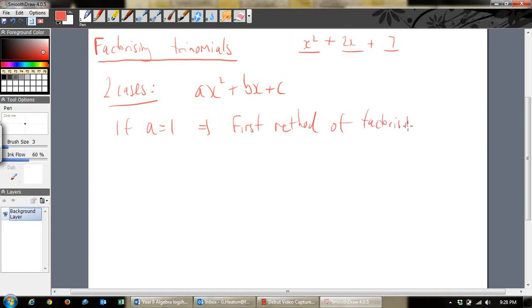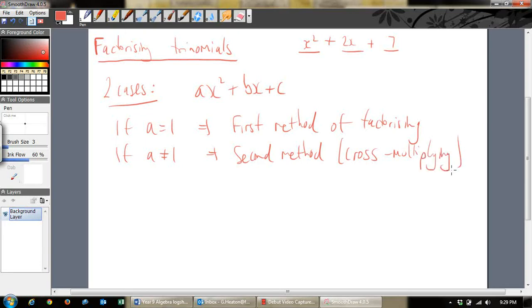In other words, if the number in front of x squared is just 1, we're going to try our first method of factorising. If a is not equal to 1, we're going to go with our second method, which is much harder. Second method, which we call cross multiplying. I'll get to that. In fact, it might even be in the second video. Okay, so we'll look at that.